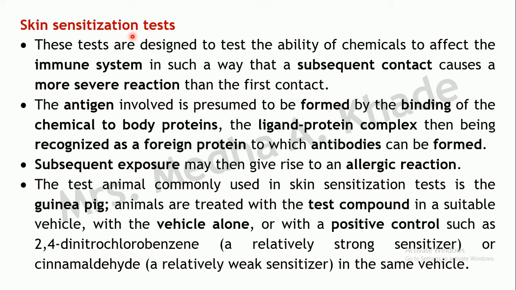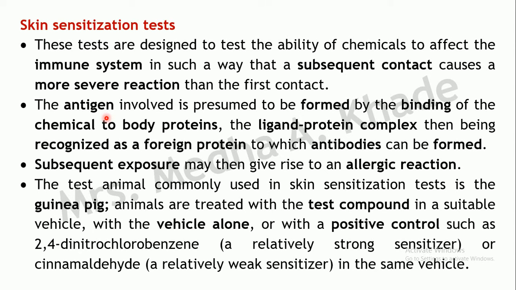Antibodies will then be generated because of activation of the immune system, and upon subsequent contact, the next time you expose the animal to the same chemical, it will produce a more severe reaction as a result of the activation of the immune system against that foreign substance.